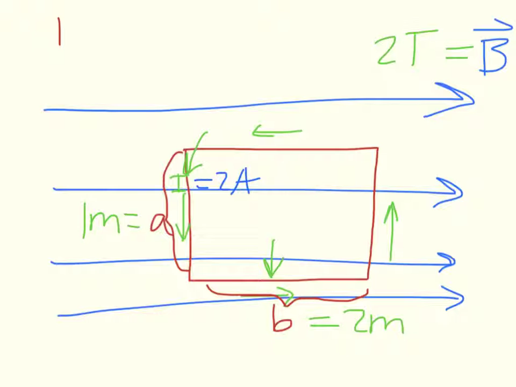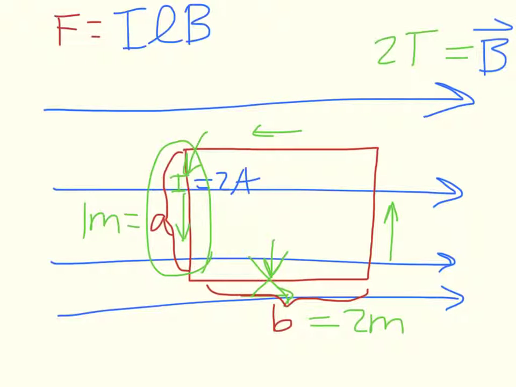Let's try this out. First, let's think about this conceptually. The length of the wire is parallel to the magnetic field, so this part will experience no force. The height of the wire, however, this part here, is exactly perpendicular to the magnetic field, so we know that the force is going to be equal to ILB.